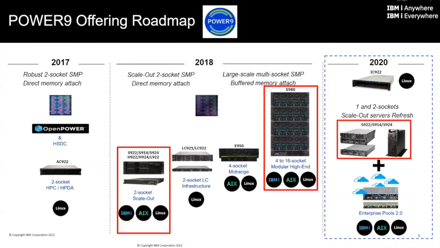The S924, of course, is 2 sockets, 4U high. So S922. Those are mostly our volume that our customers have been purchasing for IBM i. But then for our larger customers, our customers looking for the most scalable, robust system, that's our E980. That's up to 4 drawers, each with 4 sockets, so up to 192 cores.